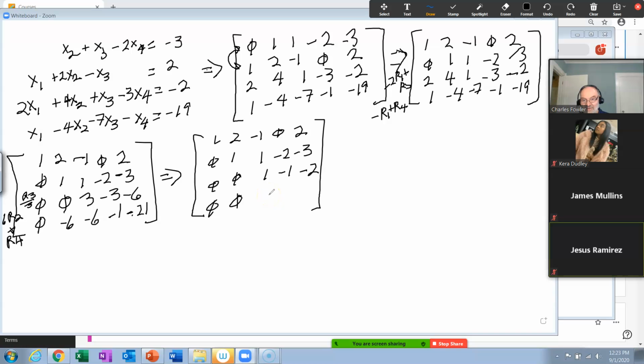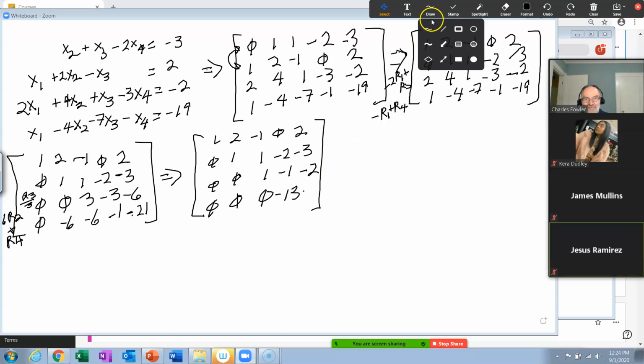That's also a 0. 6 times a minus 2 is minus 12. Minus 1 is minus 13. And 6 times a minus 3 is minus 18, minus 21. Oh my goodness, that's minus 39, isn't it?